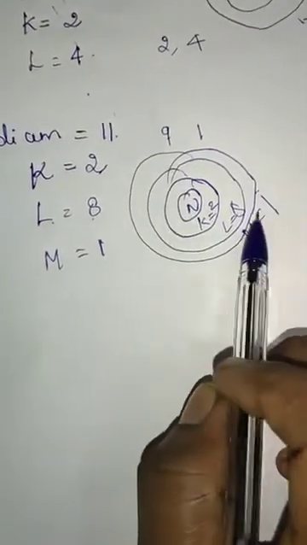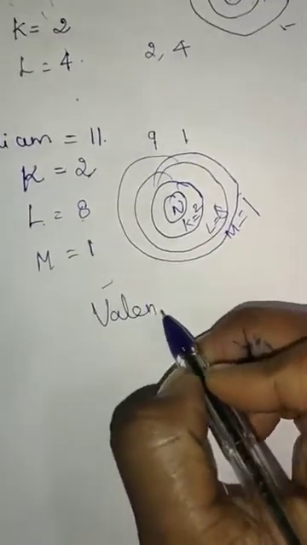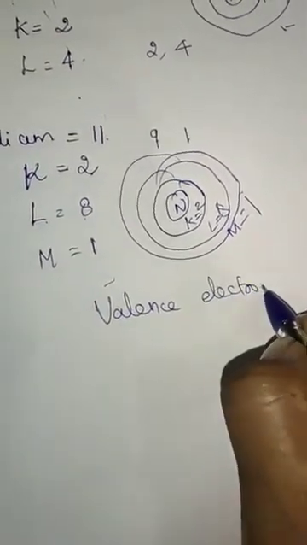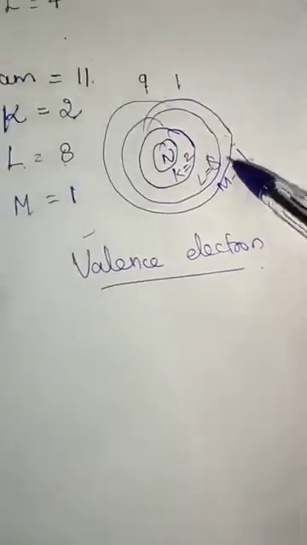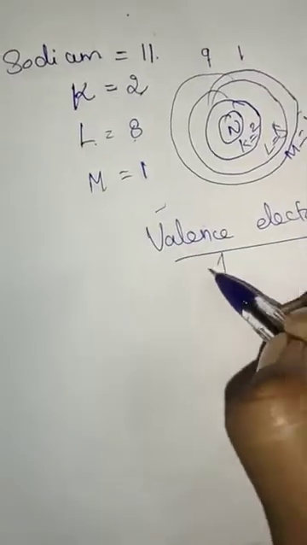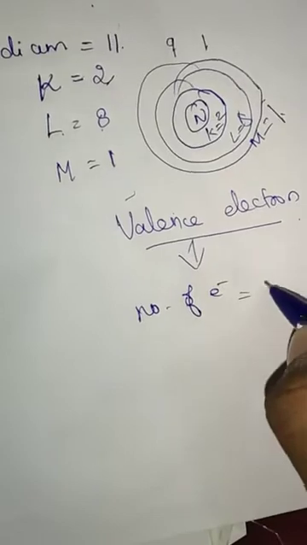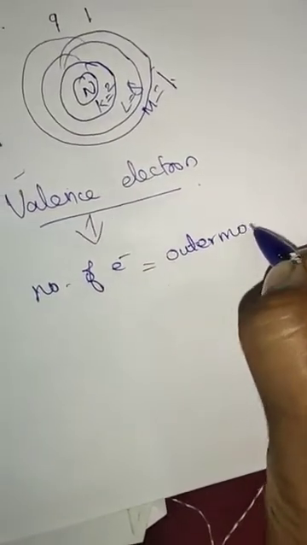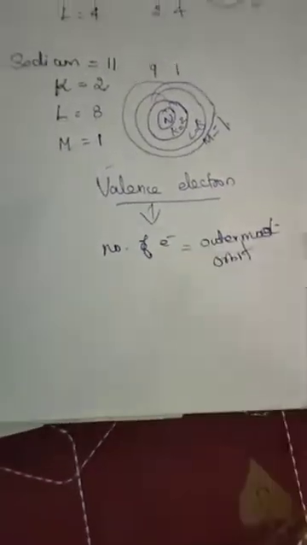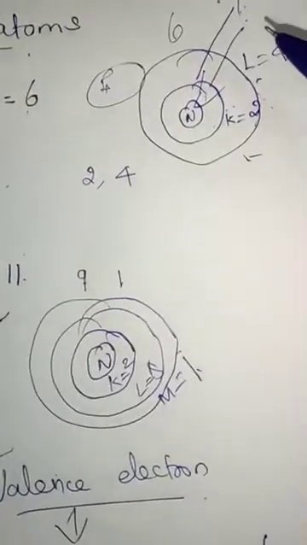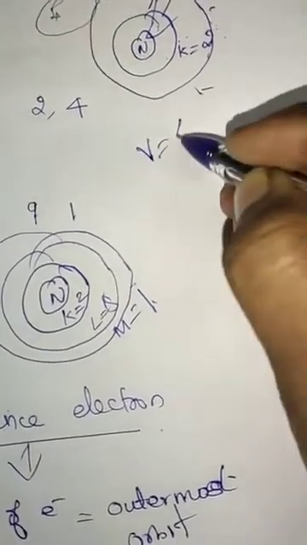The number of electrons present in the outermost orbit is called the valence electrons. What is valence electron? The number of electrons present in the outermost orbit. For example, carbon has 2 shells, K and L. L is the outer orbit, so the valency is 4.